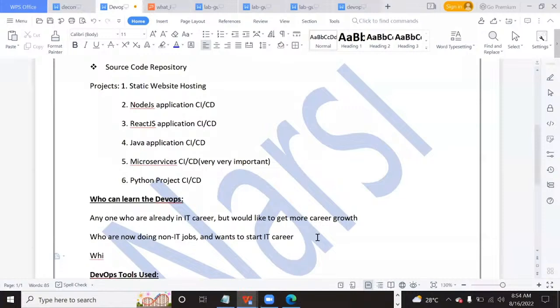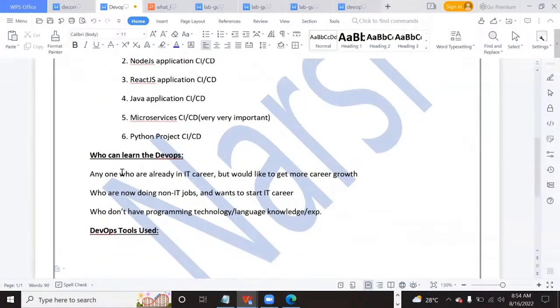And those who don't have programming knowledge or skill, in programming languages like Java or Python, those also can take this course.